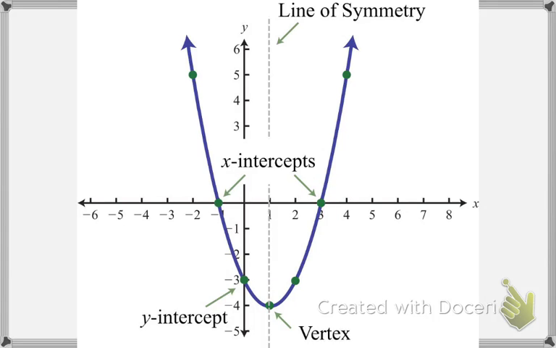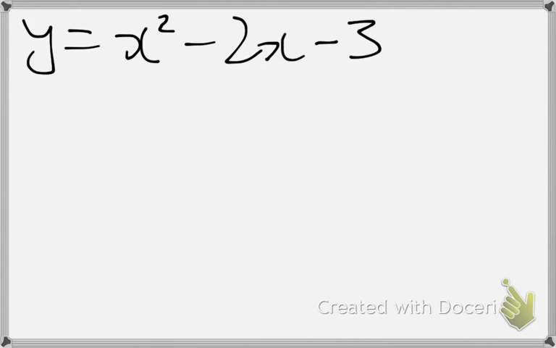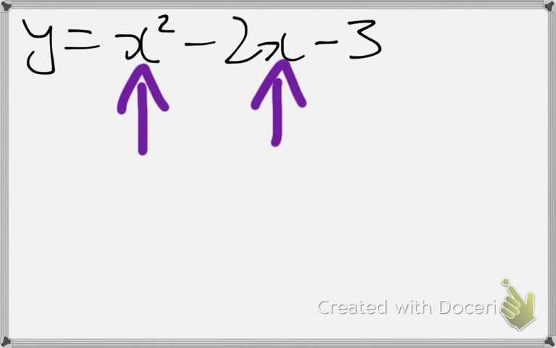The easiest thing to find is the y-intercept, so we'll do that first. In order to find the y-intercept, you substitute all the x values for 0. So you replace that with 0, and you replace that with 0, all the x's get replaced with 0.